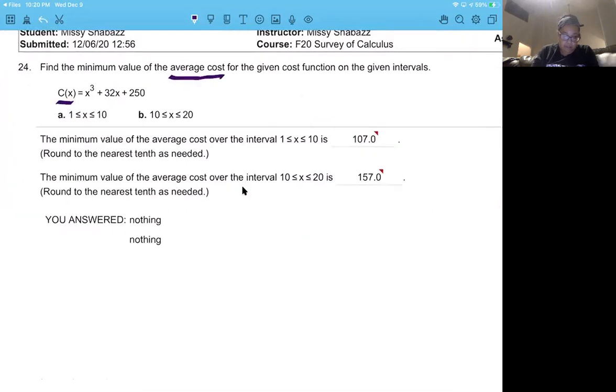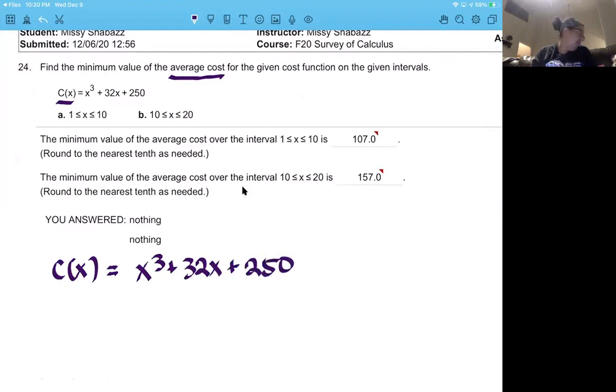So if my cost function is x cubed plus 32x plus 250, then my average cost function is the cost function over x.